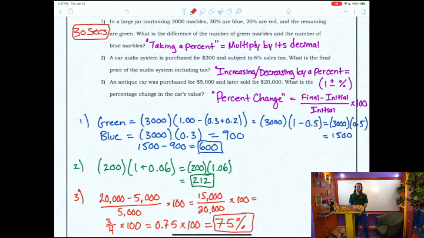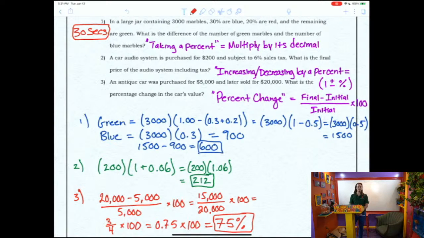Green is a little bit trickier to calculate because they don't outright give us the percentage of green marbles in the jar. However, they give us the other two colors of marbles, blue and red, and they say that the remaining are green. In percentage terms, 100% means the whole value.